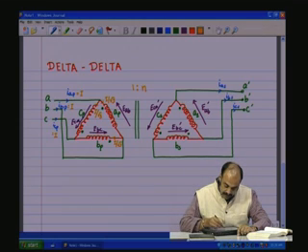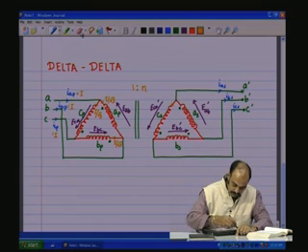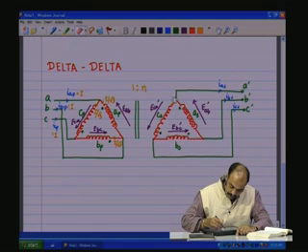So, the phase currents which are flowing on the secondary: if it is entering the dot on the primary, it is leaving the dot on the secondary.